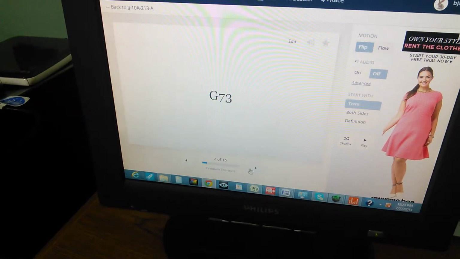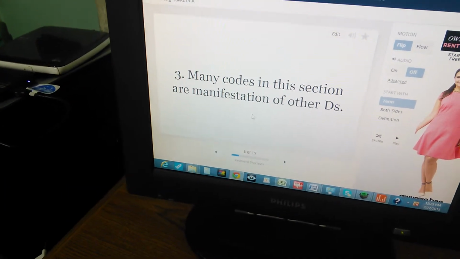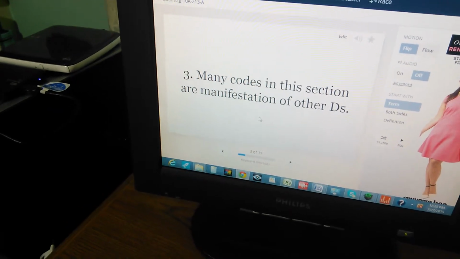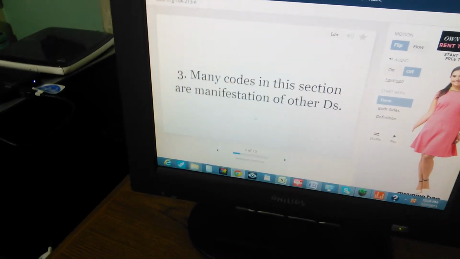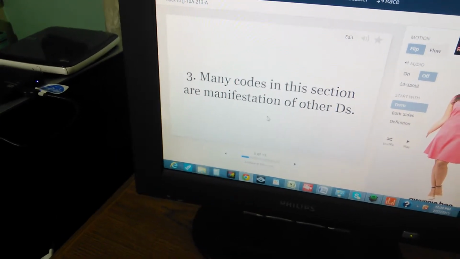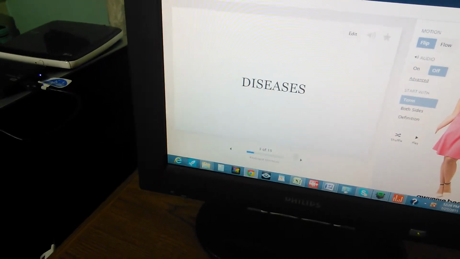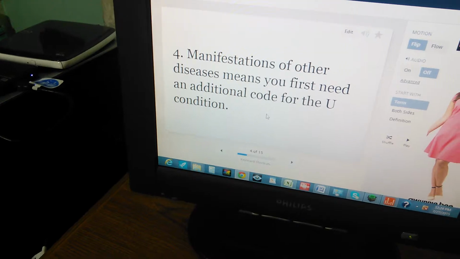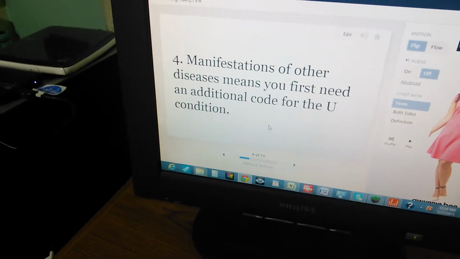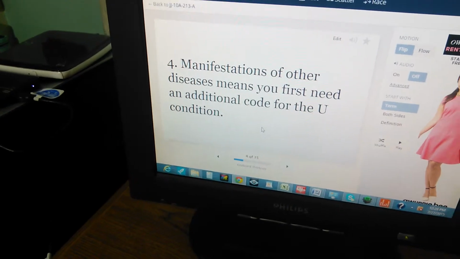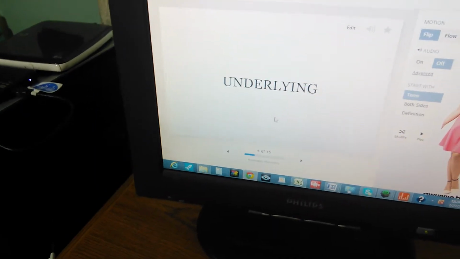G83. Many codes in this section are manifestations of other Ds. The last S is in capital because we want you to say the plural of the word. Diseases. Manifestations of other diseases means you first need an additional code for the U condition. Underlying.